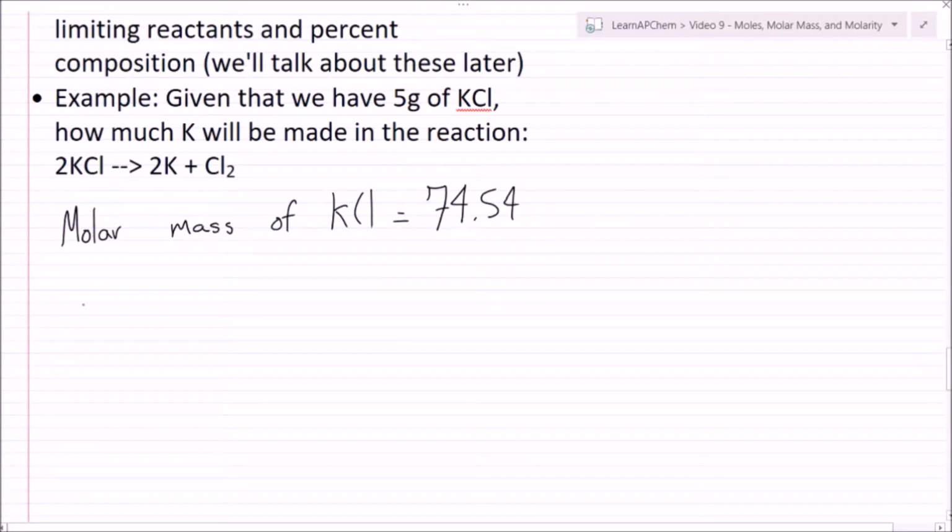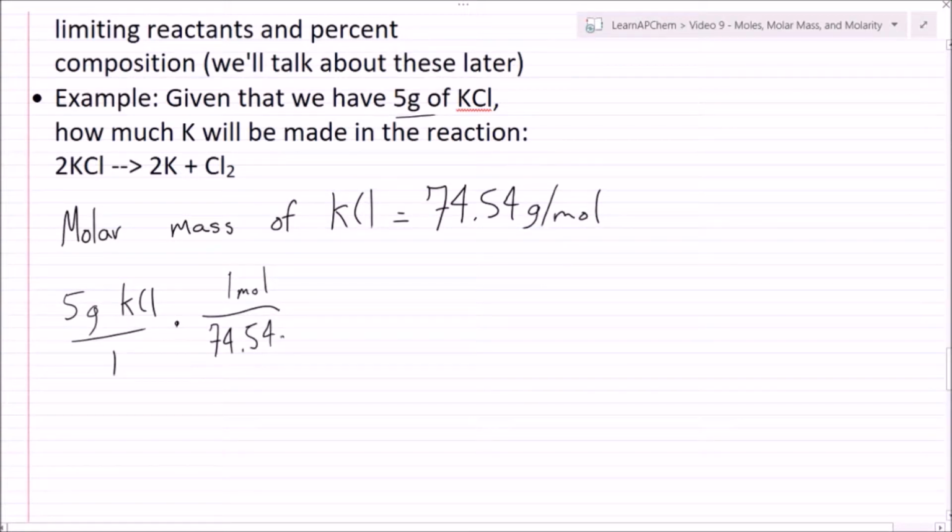Okay, so first I'm going to convert grams to moles, using grams per mole. So 5 grams KCl is equal to 1 mole over 74.54 grams.